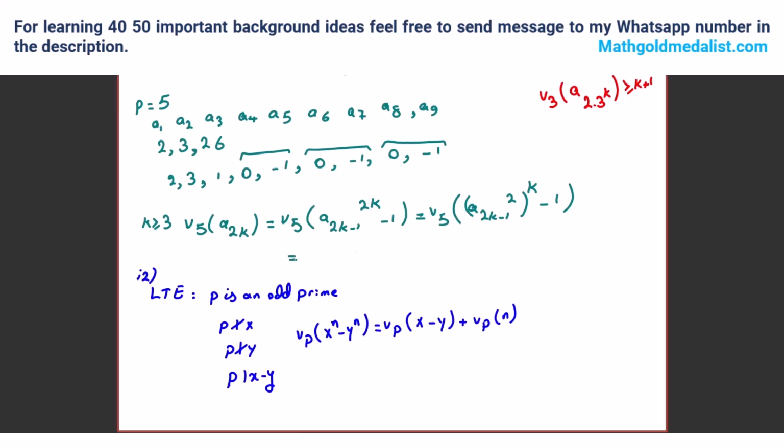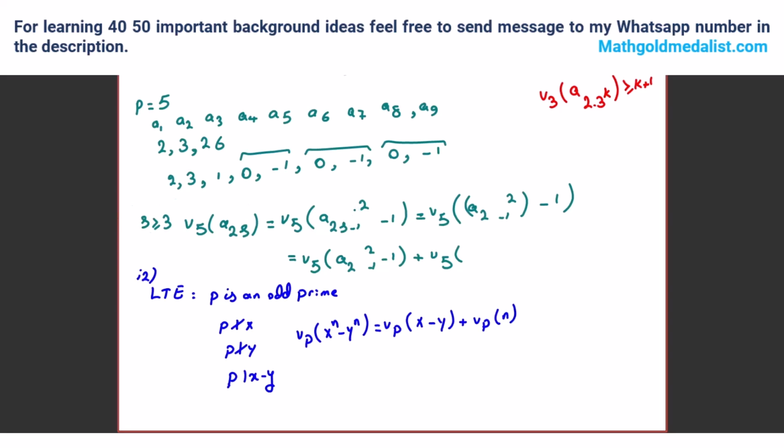Now we can apply LTE. It will be v5 of A_(2k-1) squared minus 1, plus v5 of k. Again, because we have k, I should use another variable. Pay attention to this point, because maybe the person who wants to check your answer thinks that this k is the k the problem says. Let's write s.